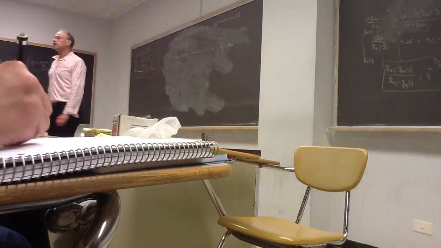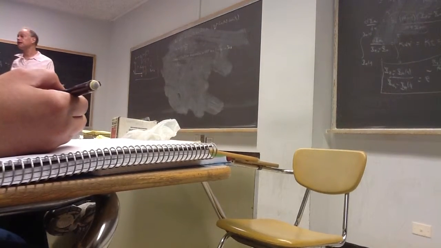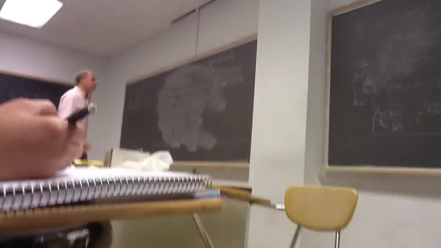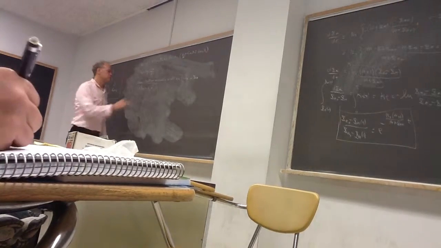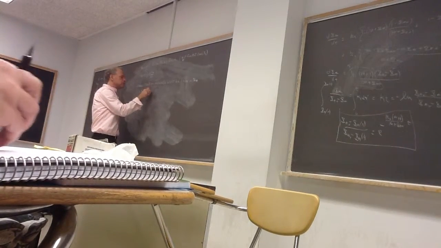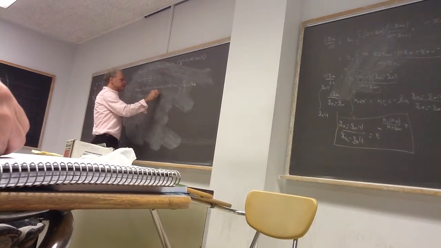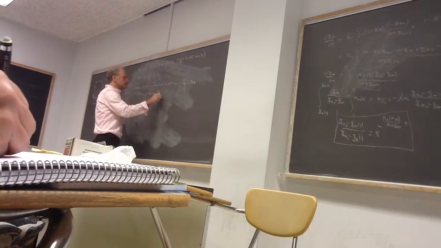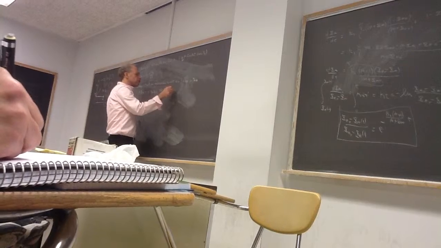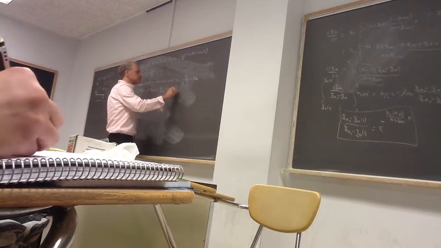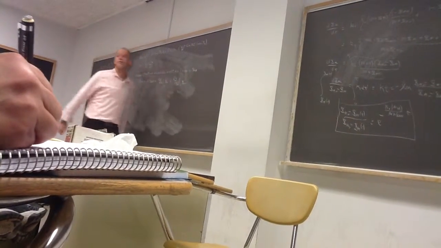And from calculus, if V is infinitely differentiable, I can always expand it in a Taylor series. So I have V at XA equals 0, plus dV/dXA at 0 times XA, plus higher order terms, d squared V/dXA squared at 0, XA squared, plus dot dot dot.